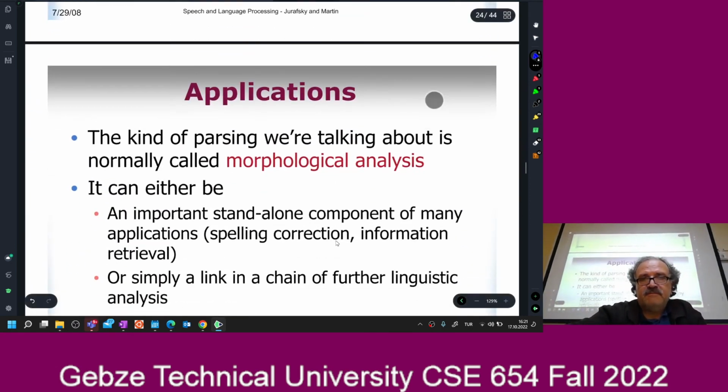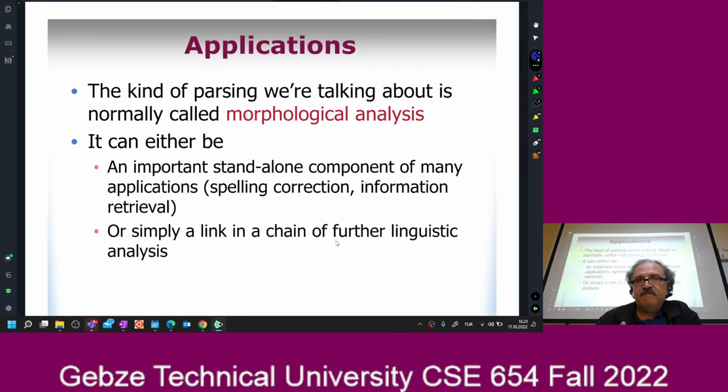Okay, so with the morphological analysis, what are we gonna do? We can either use it as a standalone application. Spelling correction is a very important application, right? Or information retrieval.